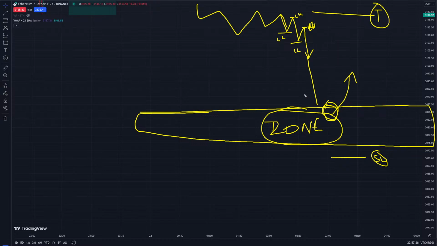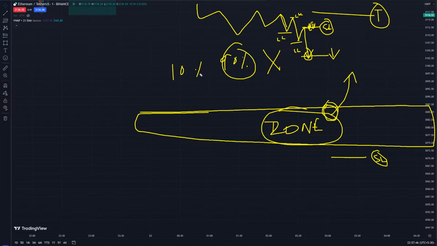So they take a trade for the downside right here, and they don't put a stop loss, or they put the stop loss right here. Believe me guys, this doesn't work 90% of the time. 10% of the time this will work, but this is not your setup.